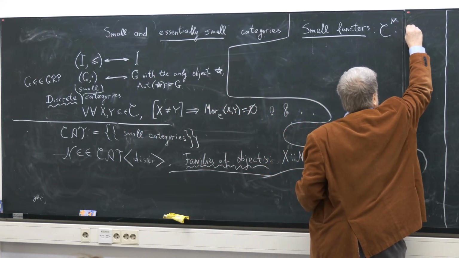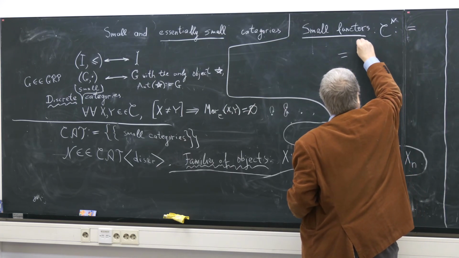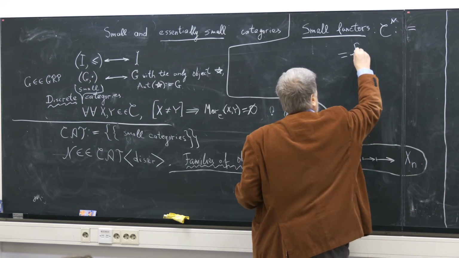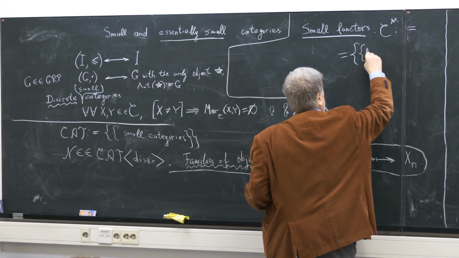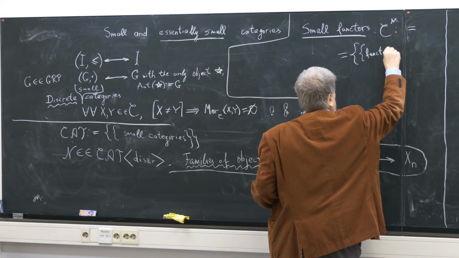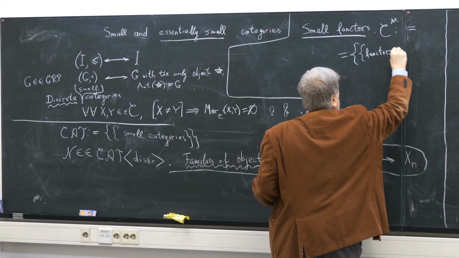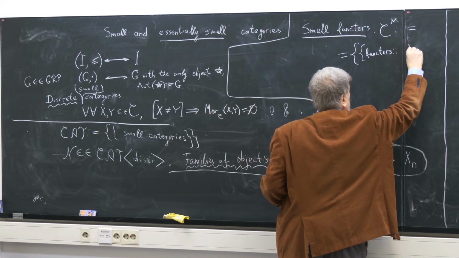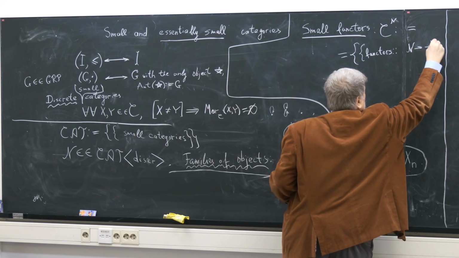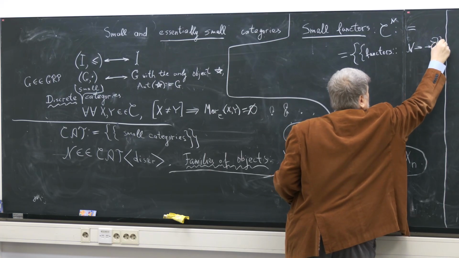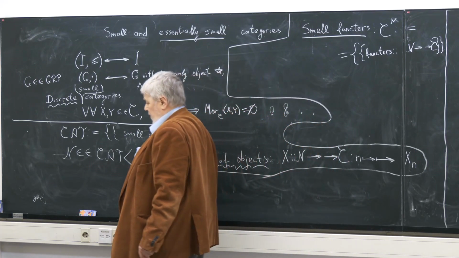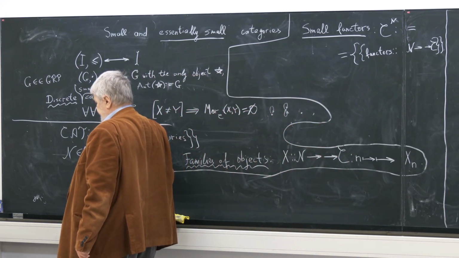Well, let me denote it. So it is the set of functors or families. It is easier to say functors. They constitute the category in an obvious way. So we can use it.